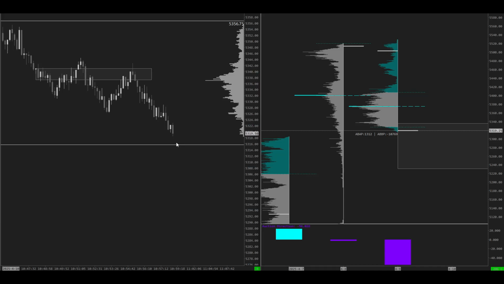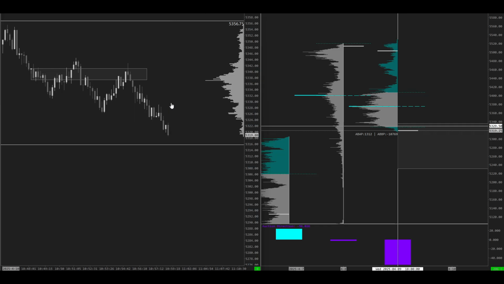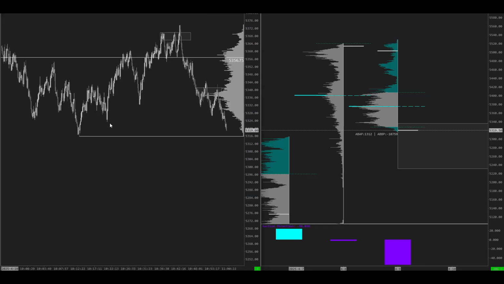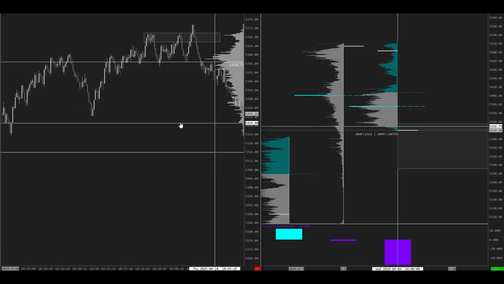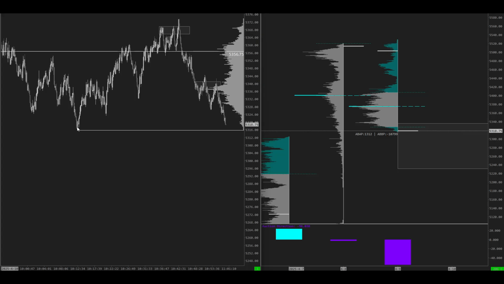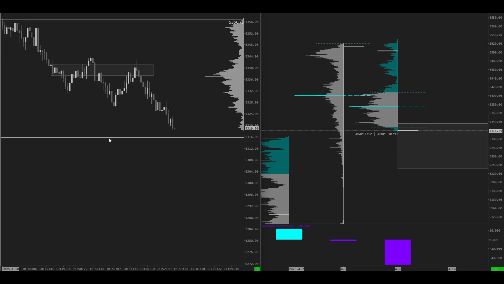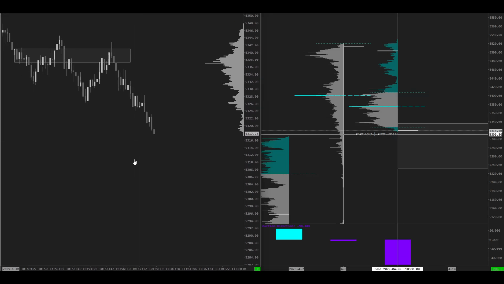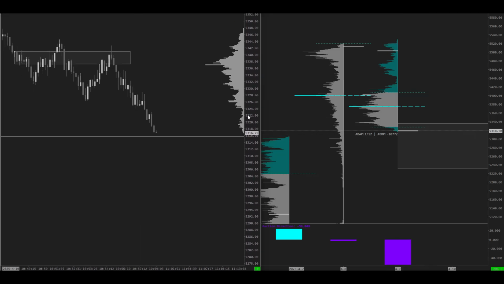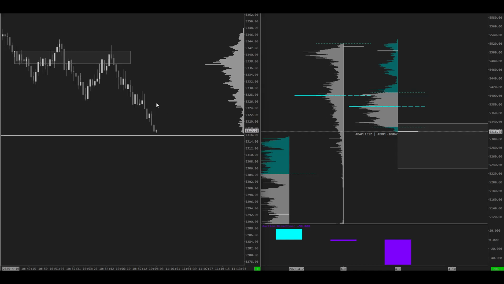Okay, things are looking pretty good. Let me see. It was kind of like a V-shaped reversal a little bit. Okay, so we're finally about to take out the low.